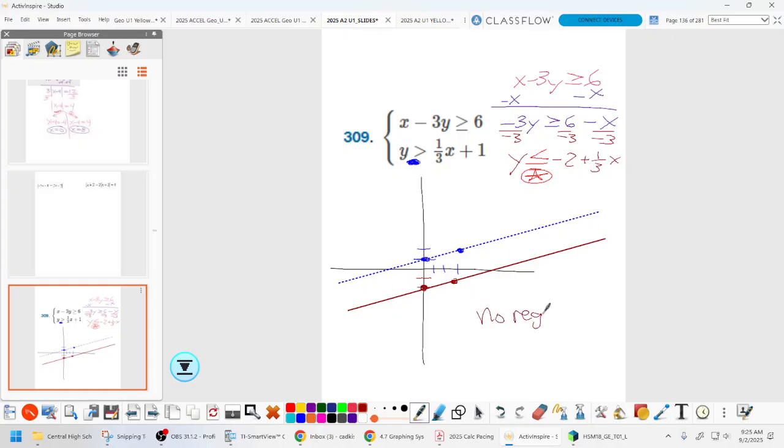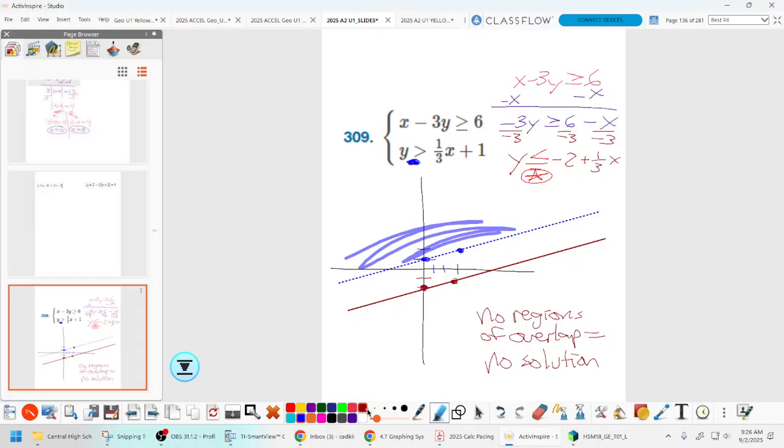No regions of overlap means what? Yep, just kind of to reiterate, so we have that up there and this down here, so they never overlap. Did that help? Any other questions on the homework?